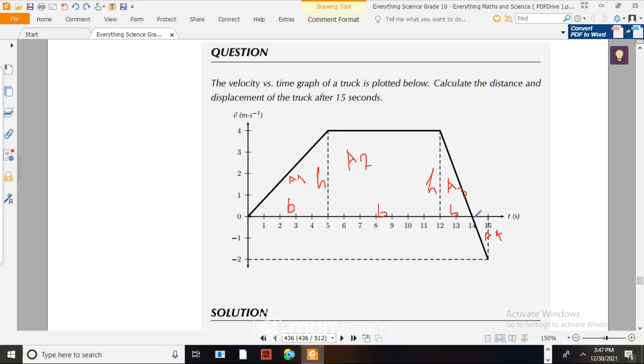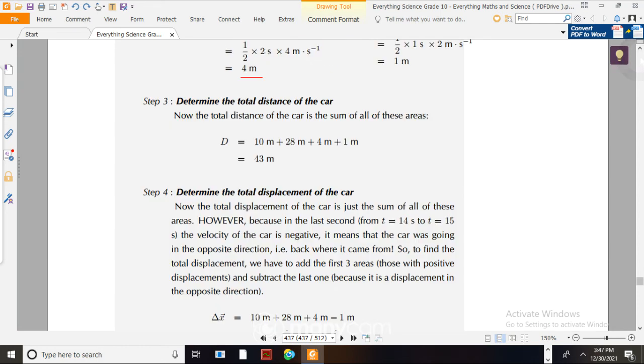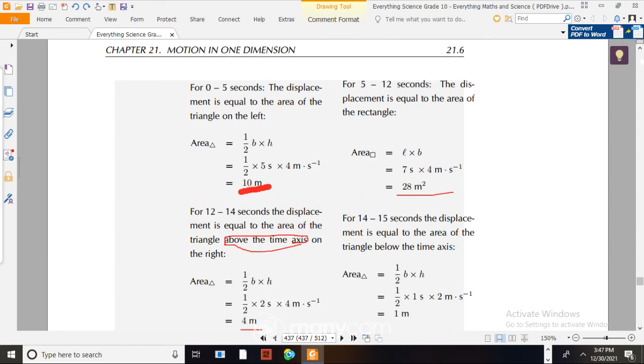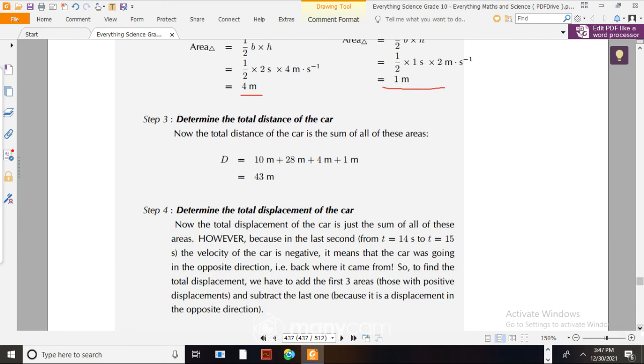Here from 14 to 15, this length is 1, so the area is 1. So we get area 1, area 2, area 3, area 4.